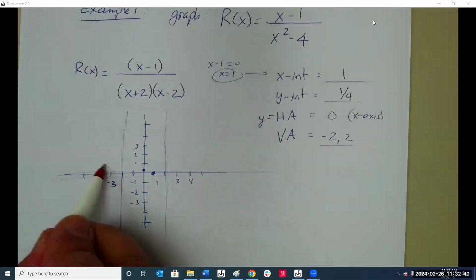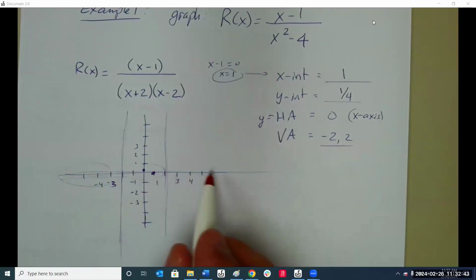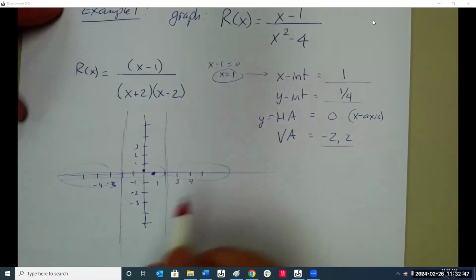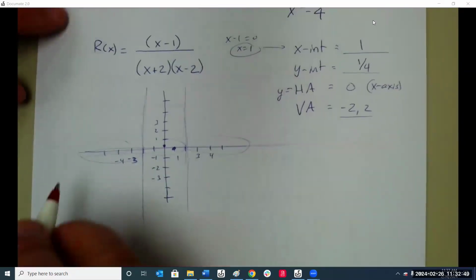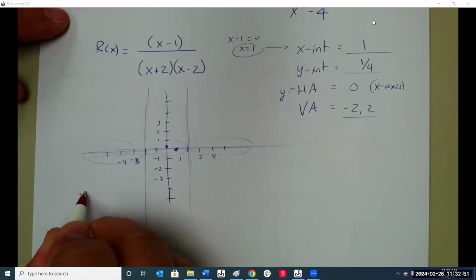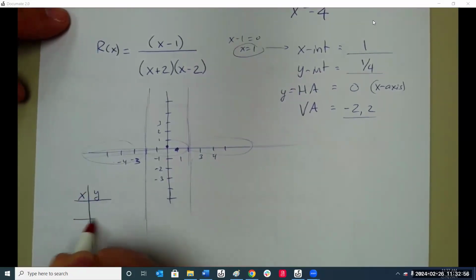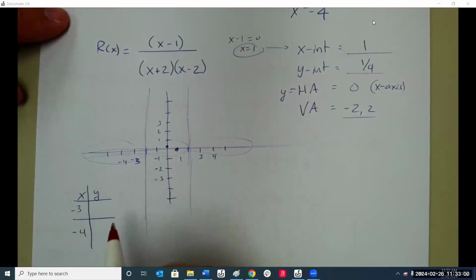So we have to look at values here, here, and here. So let's look in the first one, at -3 and -4.